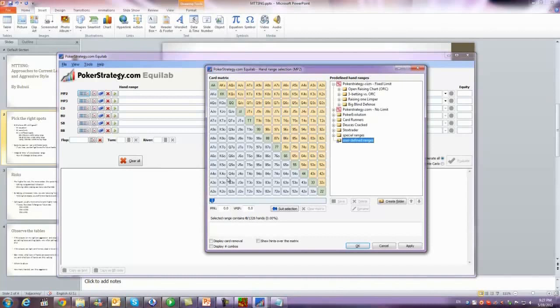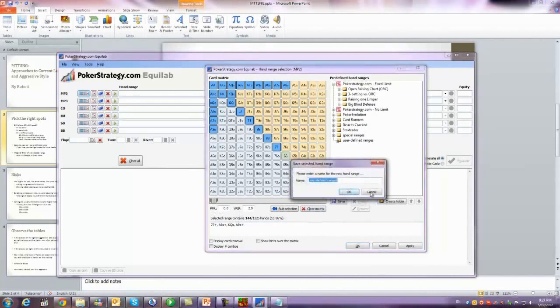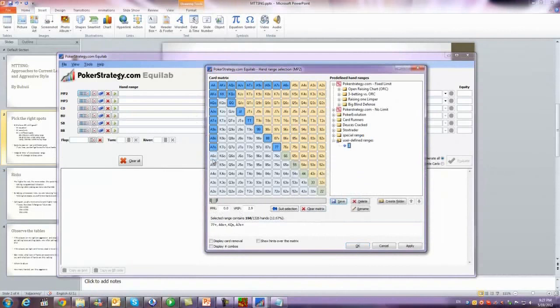So we're going to assume the first range is really tight. Like he's calling this, and we'll do this as the first range. The second range is wider, so I'm going to do something like this, but not super wide.